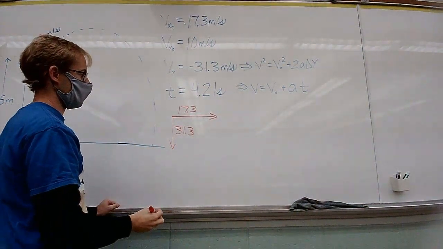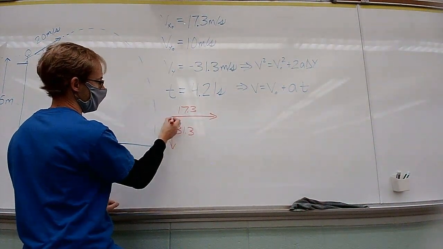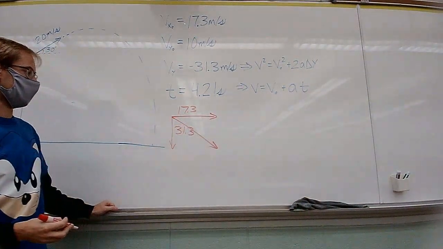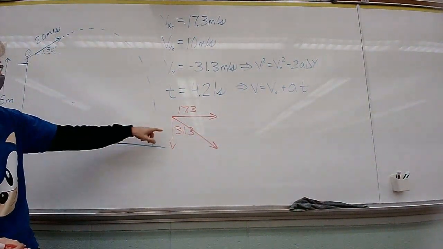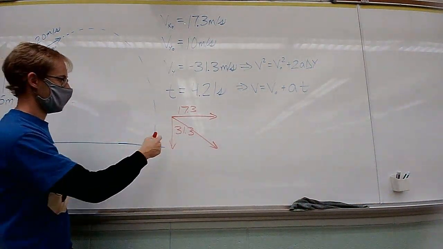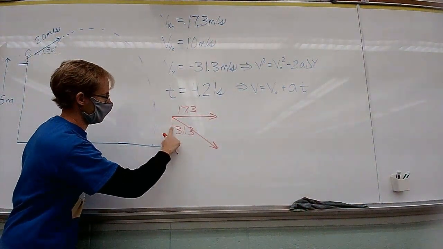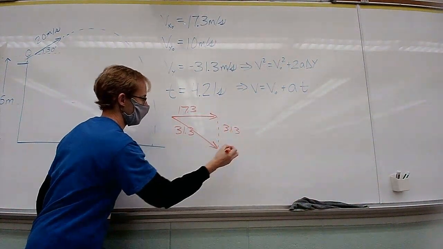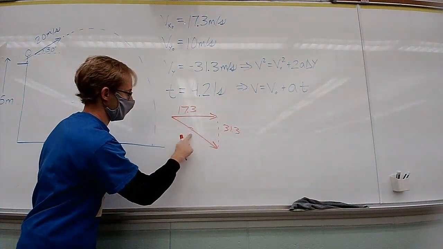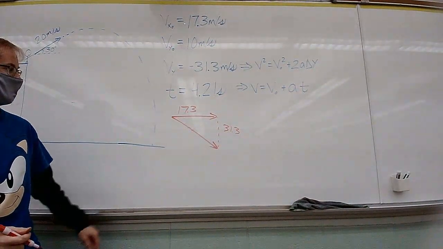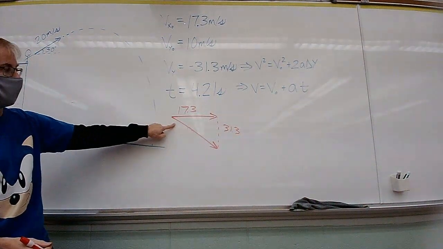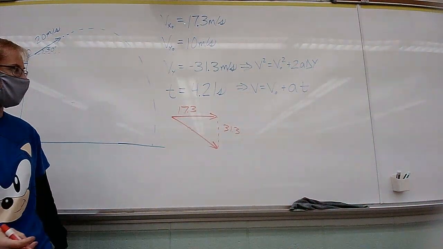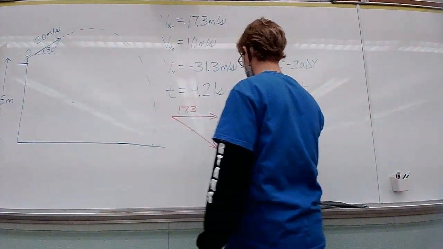You can use that to solve for how fast this object is going overall as it hits the ground. Your 31.3 would be over here, and you solve for the hypotenuse using the Pythagorean theorem. This is the total velocity the object has as it hits the ground, because you're moving in 2 dimensions. You should get 35.8.